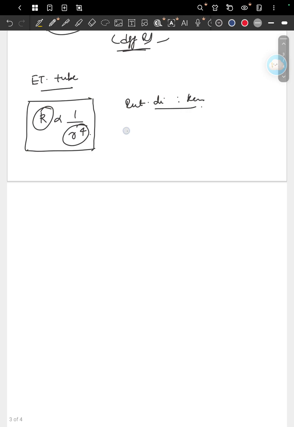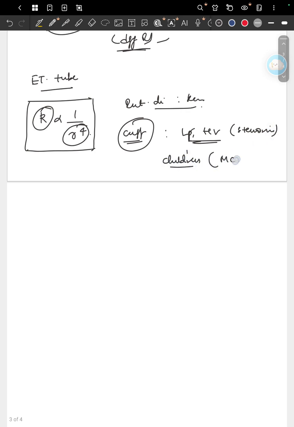Now coming to the cuff that is used in the ET tube, we always use a low pressure and high volume cuff. This is used in order to avoid stenosis. However, in children, we'll be using a microcuff or no cuff. A microcuff is more preferred than an uncuffed ET tube.